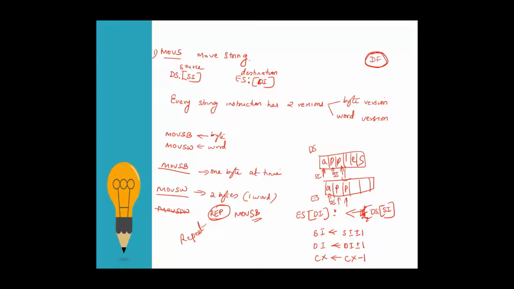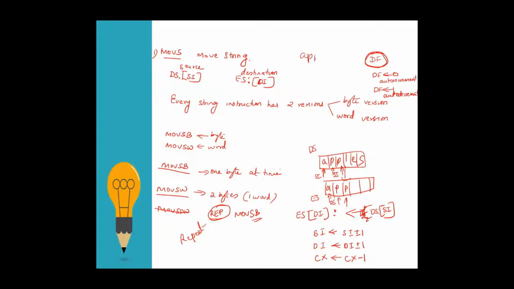Because strings can be processed in two directions depending on the value of the direction flag. If the direction flag is 0, it is auto increment. If the direction flag is set to 1, it will work in auto decrement direction.